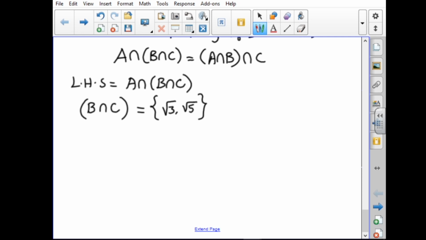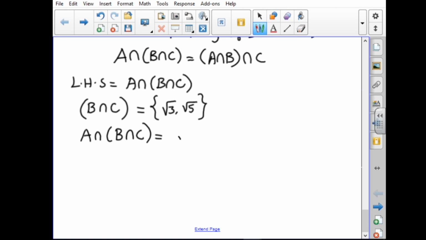Then next, A intersection (B intersection C). We should check the intersection of A and B intersection C. B intersection C we already found, that is root 3 and root 5. You should check the intersection with the A set. You will get only root 5, because the A set is {-11, root 2, root 5, 7}.